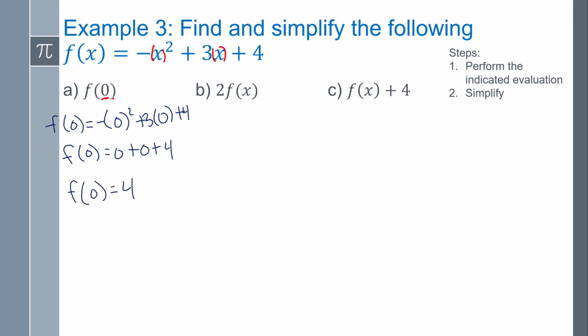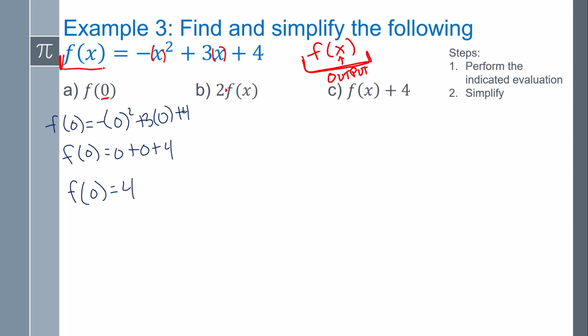Now this is a little different, right? It says 2 times f of x. So remember, f of x, this is the input. This entire thing, that's the output. So this is saying multiply your entire function, all of f of x, the output, the y value. You're multiplying that entire thing by 2.